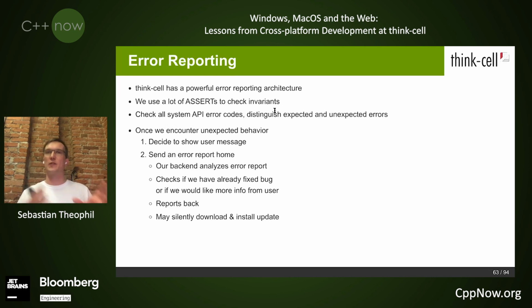And then our backend reports back to the process that encountered the error. And the process might then decide to download the update, install it silently, or even reload it silently, so the user will never encounter the problem again. Or it might, at the very least, display a more helpful error message to the user that says something like, "You've encountered an error that we're looking for, please contact our support."